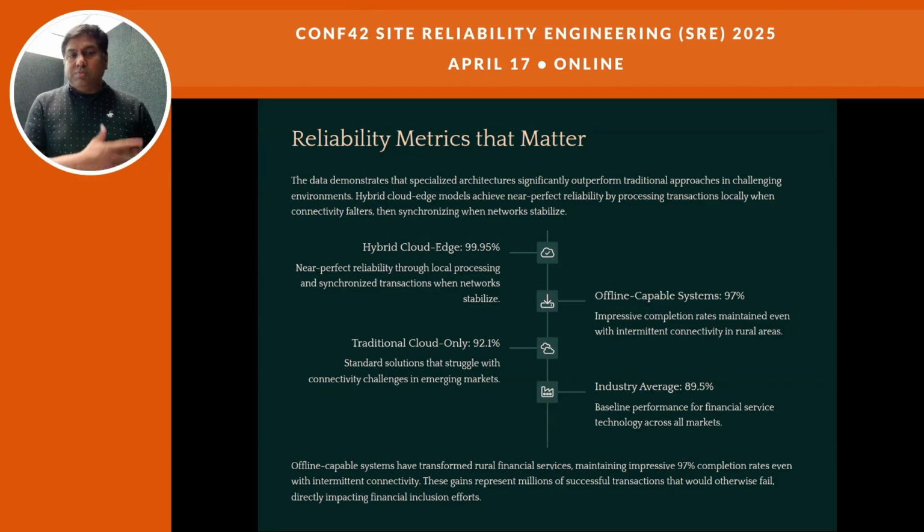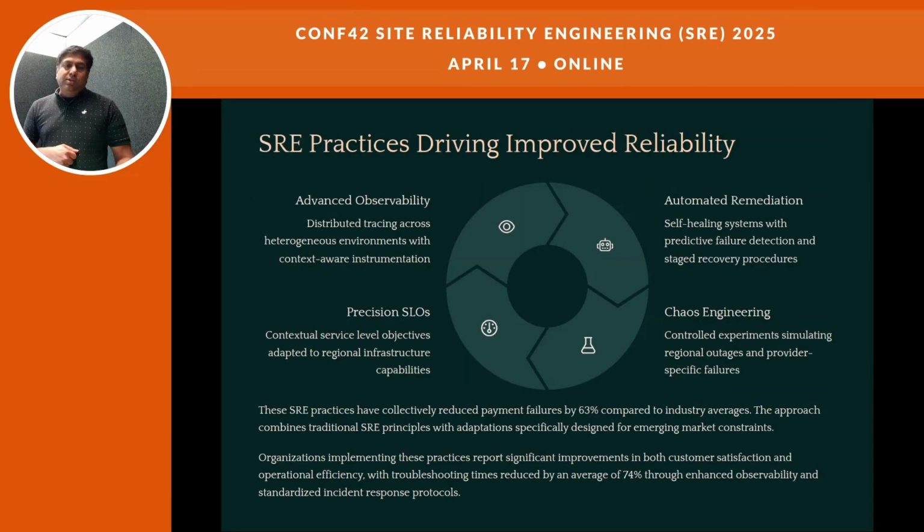That kind of approach is very good in these kinds of situations. These approaches help maintain 97% or higher transaction success rates, which directly impacts trust and user adoption in underserved areas. Moving on, let's look at specific SRE practices that have driven significant improvements in reliability.